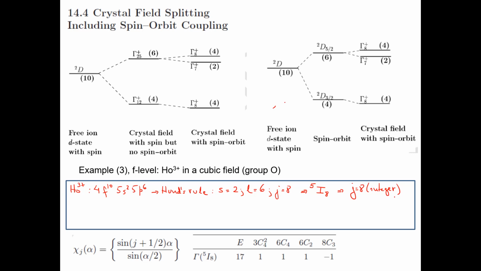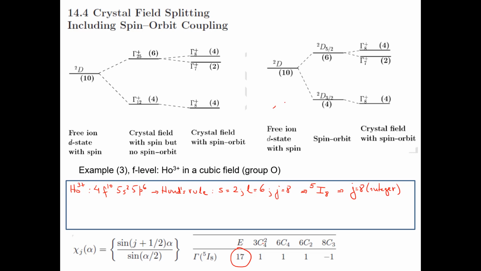First of all, notice this is a very highly degenerate level, right? 17 states that would be in principle degenerate if we didn't apply either spin orbit or crystal field.